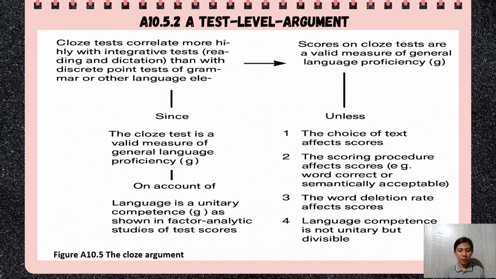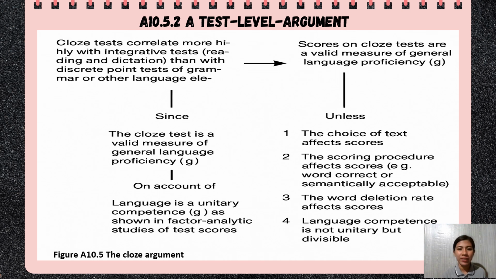The same argument structure can be used for the claims made for a specific test or for claims about test types. It was a widely held view that the cloze test, or the fill-in-the-blank test, was a valid measure of general language ability.